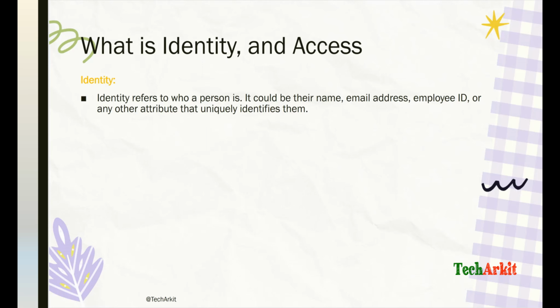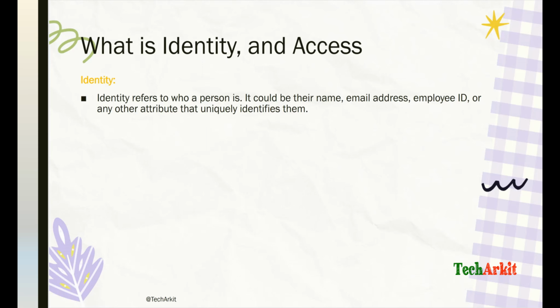Identity refers to who a person is. Basically the user means the identity. So if you physically say, hey, this is Ravi, but who knows who Ravi is, right? It needs some identification. For example, if you are an Indian citizen, you have an identification number that identifies you as an Indian citizen.